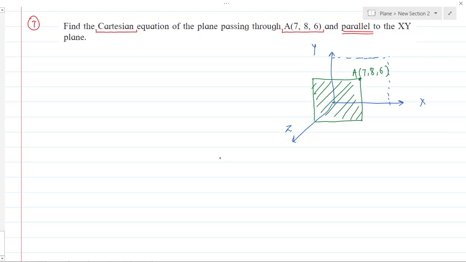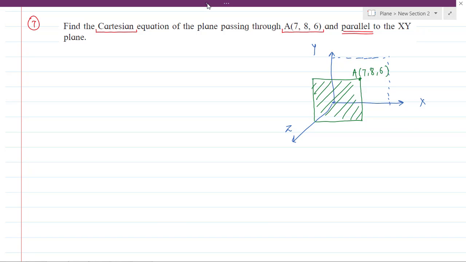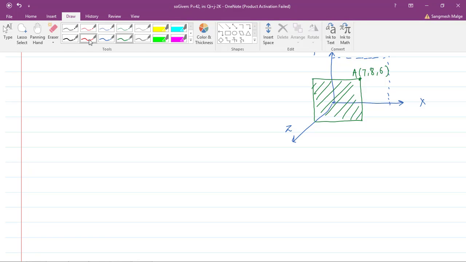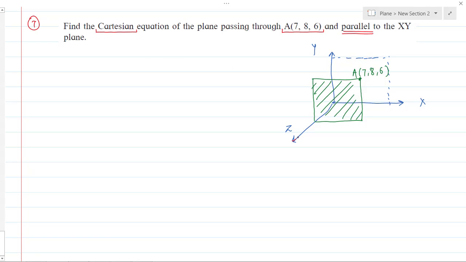Now tell me, if this plane is parallel to xy plane, then what will be the angle between the plane and the z-axis? Yes, what will be the angle? It's 90 degrees because the z-axis is perpendicular to the xy plane.